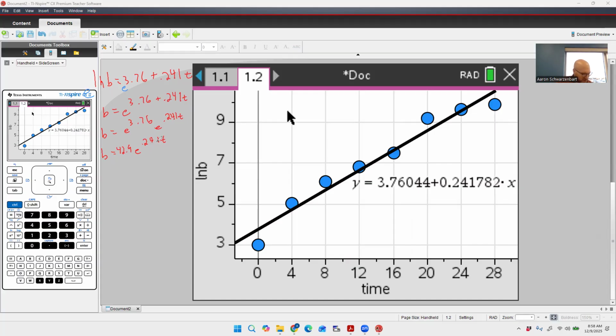Oh, they did something else too. What they did, which I'm not sure why they did this, but they essentially did this using exponent rules again.